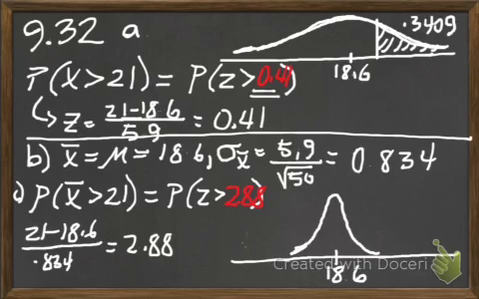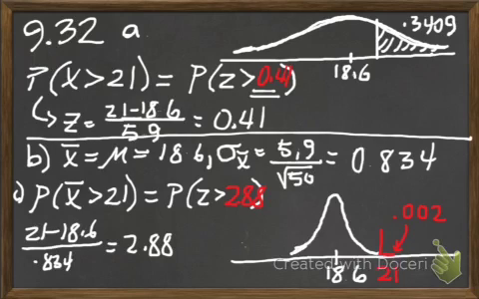So that's going to cut something like over here, and we just have this minuscule little bit of area here, which on the table is 0.2%. That's the probability of getting an average score of 21 or higher with a group of 50.